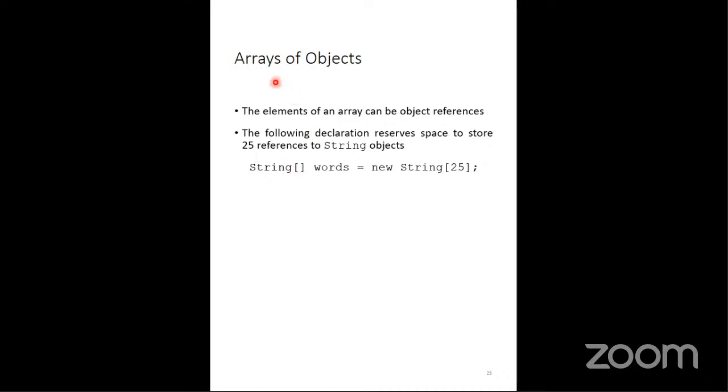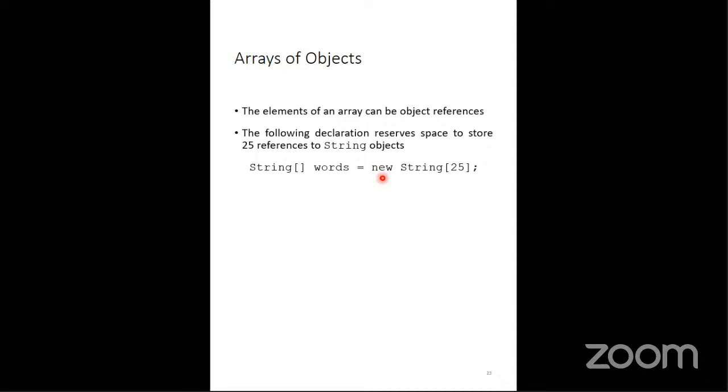Remember, whenever you create an array of objects, I repeat, whenever you create an array of objects, you have to use the new keyword twice. First, to create the array, and second, to create those objects. Because in Java, an array is created dynamically, assigned memory dynamically at runtime. So you require the new keyword for the array, and objects are also created with the help of the new keyword dynamically.